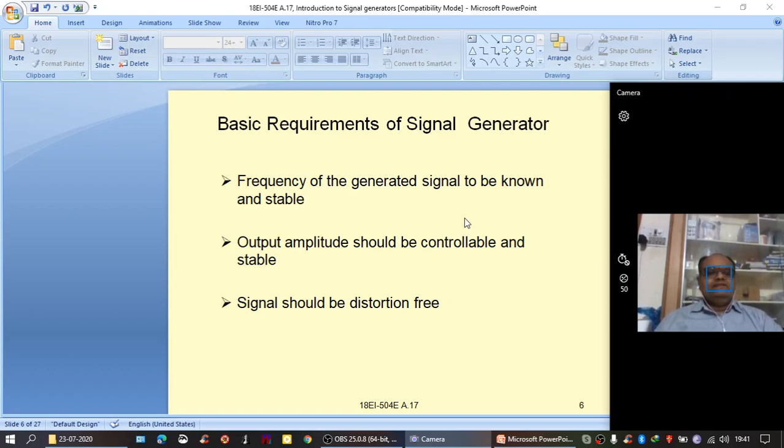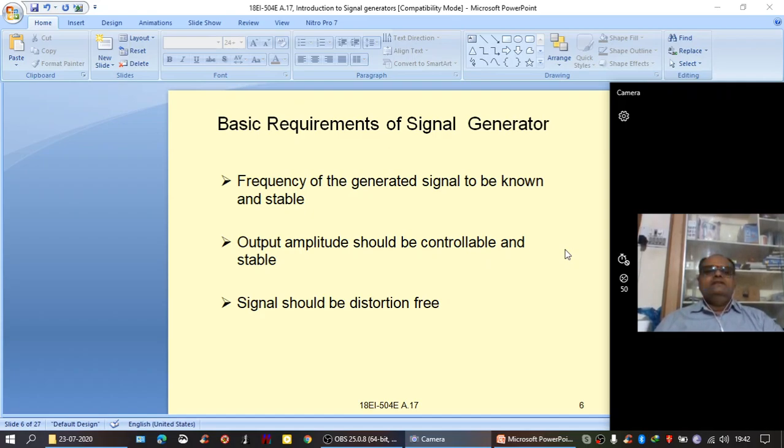That means over a period of time it has to remain the same without any changes in frequency.